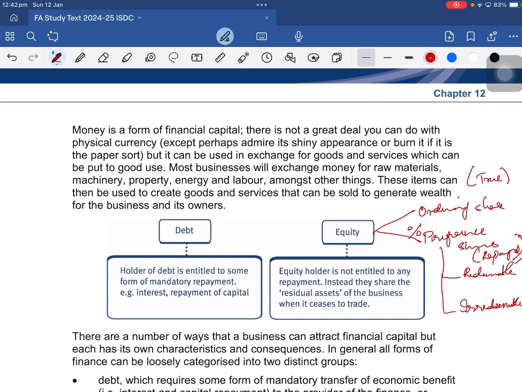But irredeemable are the owners of the company. That means when they want to cancel shares, we are not paying them back. Since redeemable is repaid, it is a liability in nature. Hence, it is taken in NCL, non-current liabilities.